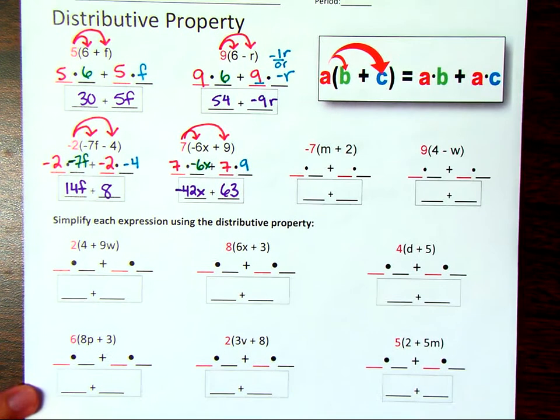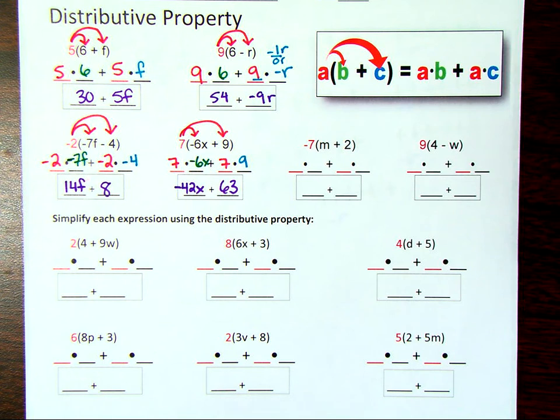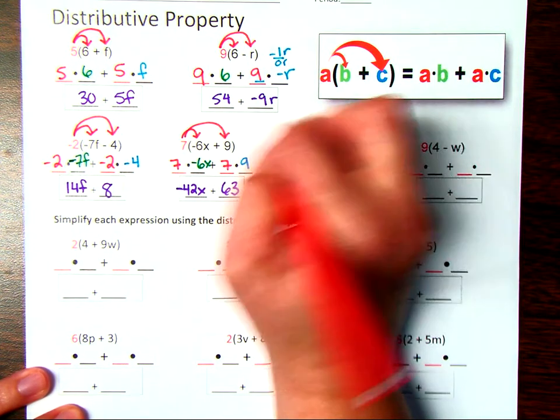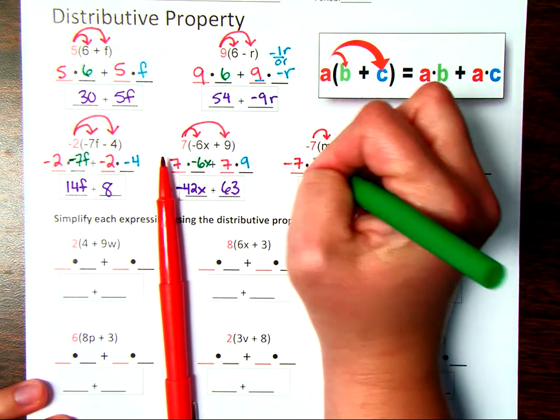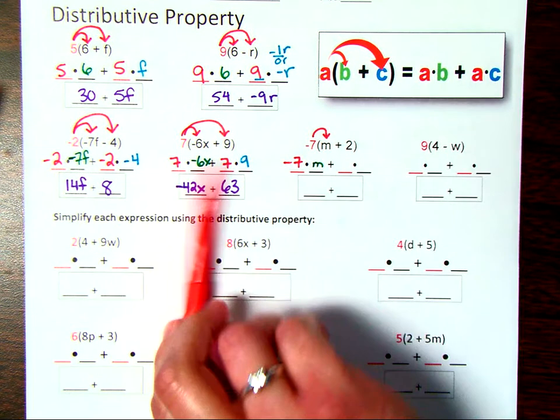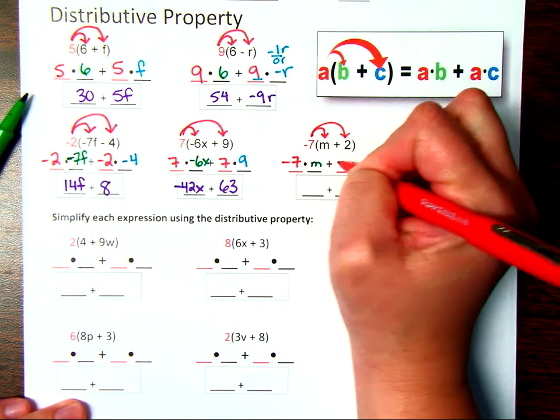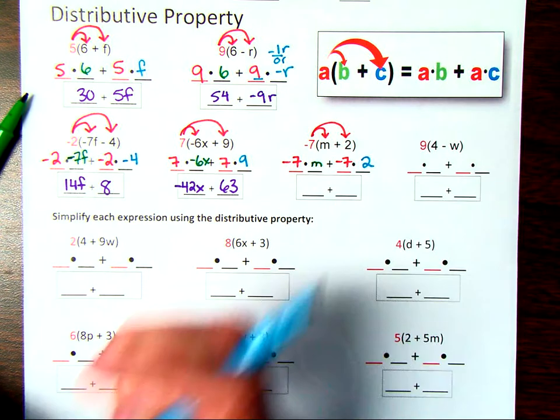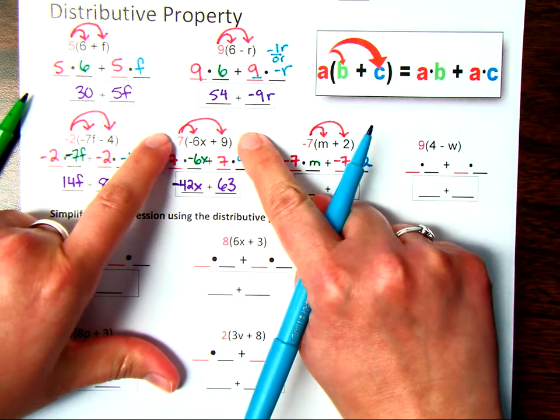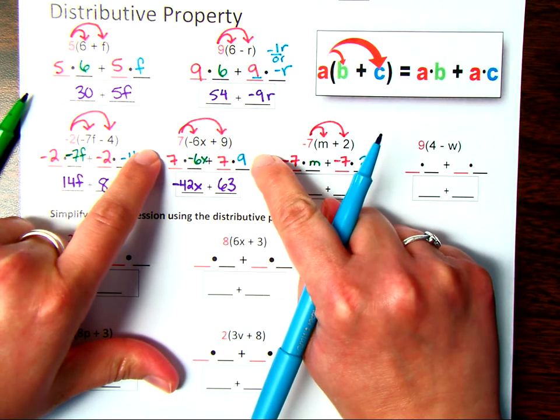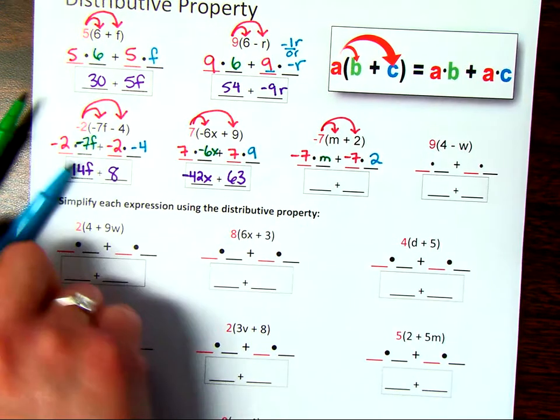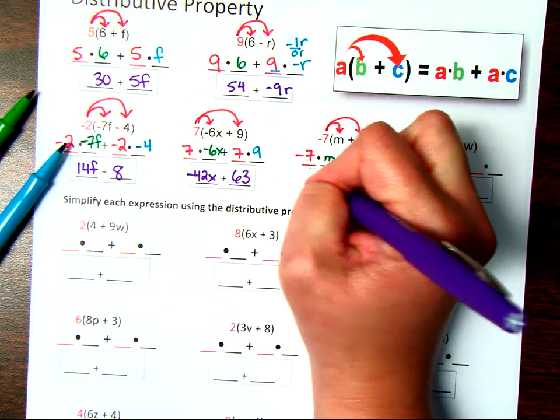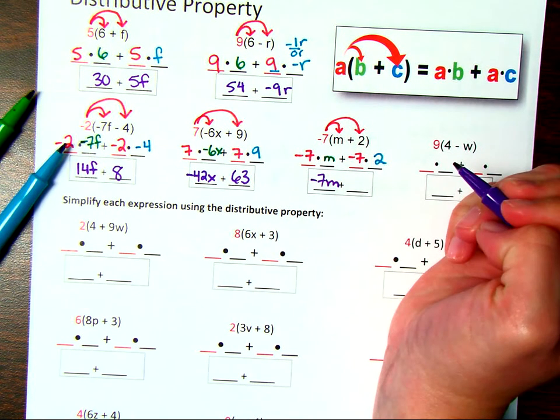Let's try 2 more, just trying to get a couple different examples so that you're ready for your assignment. So negative 7 is being distributed to the m, and the negative 7 is the outside number being distributed to that positive 2. So this right here is what you start with. This is your process for your work, and then this is your final answer. So negative 7 times m is just negative 7m.